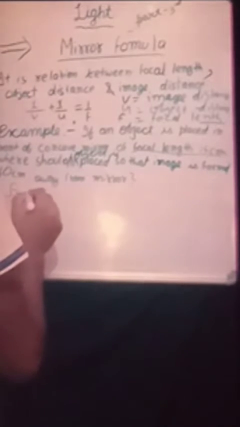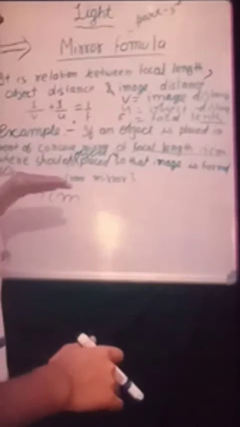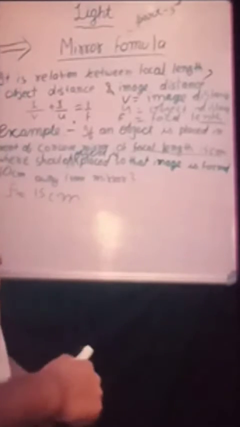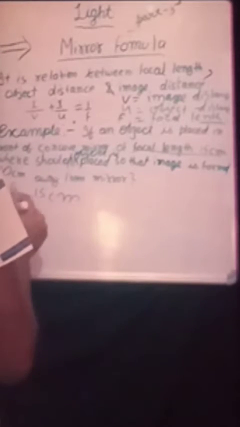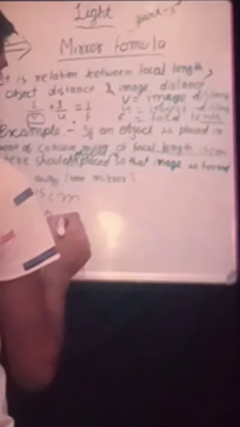First of all, we have to see what information is given. First, the focal length: f is 15 cm. The second information is the image distance, that is v, which is given as 60 cm.